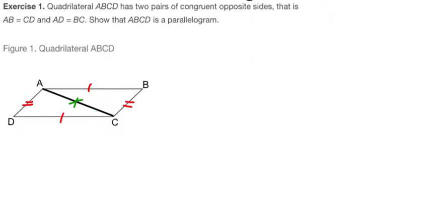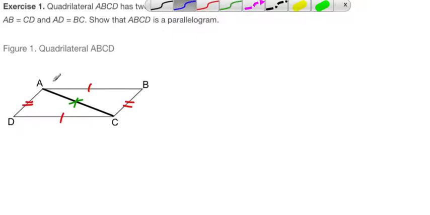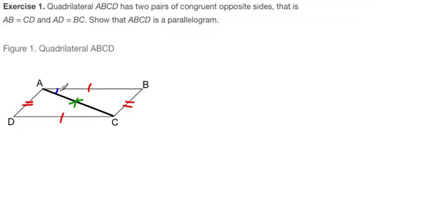SSS here. Now, once that happens, by corresponding parts of the congruent triangles being congruent, we get to realize angle BAC must be congruent to DCA. But in fact, these two angles are the alternate interior angles between the line AB and DC.